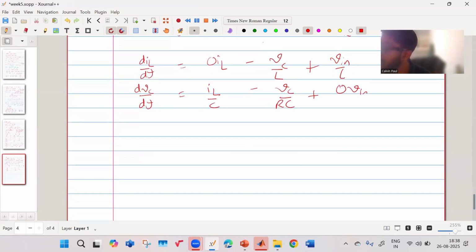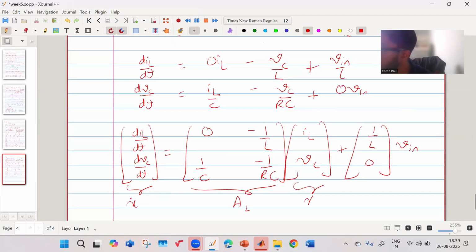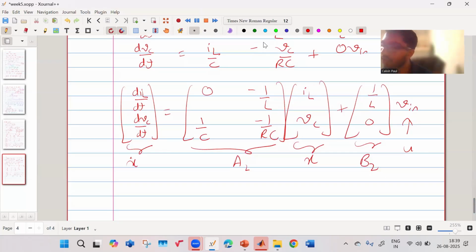Now we will write it in state space form: dIL upon dt and dVC upon dt equal to the matrix 0, minus 1 by L, 1 by C, minus 1 upon RC, times IL and VC, plus 1 by L and 0 times V in. So this is your X dot, this is your A2, this is your X, this is your B2, and this is the U. We got it in this form.